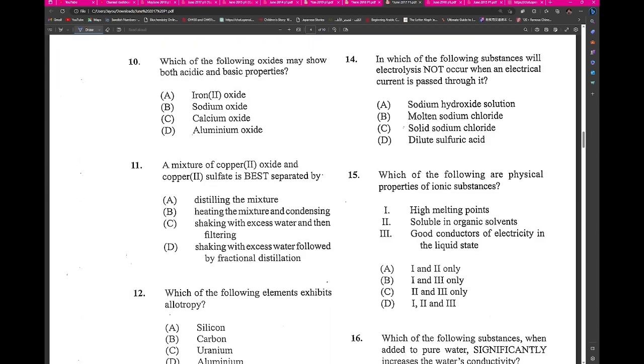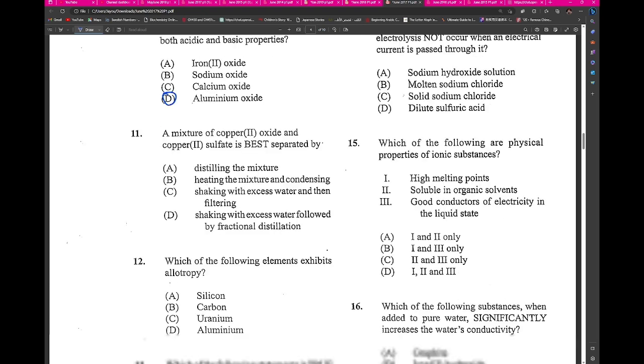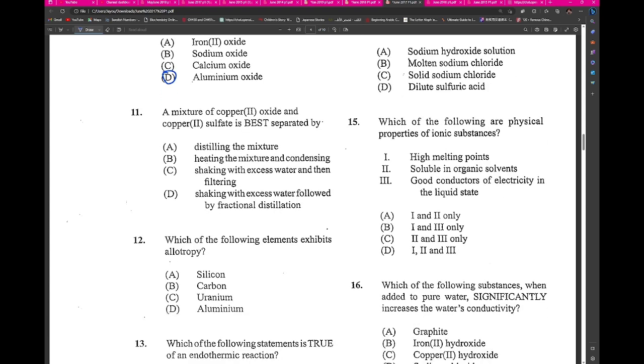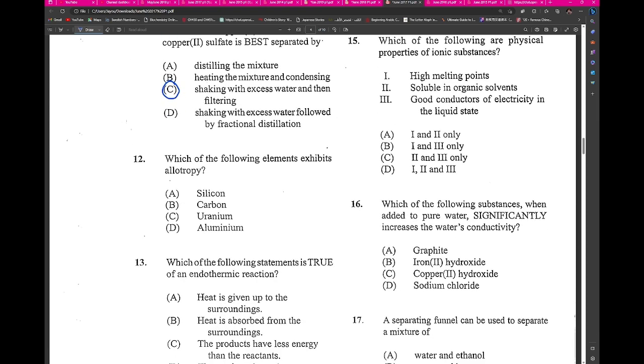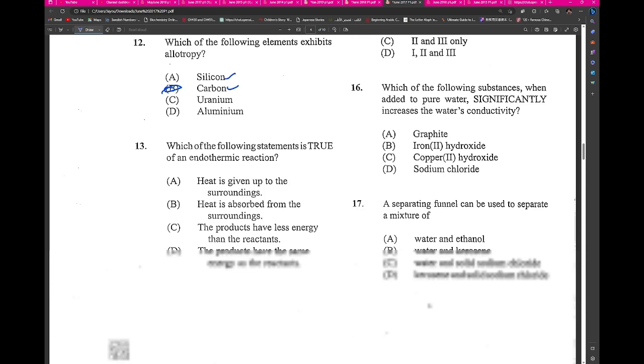Which of the following oxides may show both acidic and basic characters? Aluminium oxide. A mixture of copper oxide and copper sulfate is best separated by shaking in excess water and filtering. Which of the following elements exhibits allotropy? This would be both carbon and silicon, but we normally focus on carbon in CSEC.